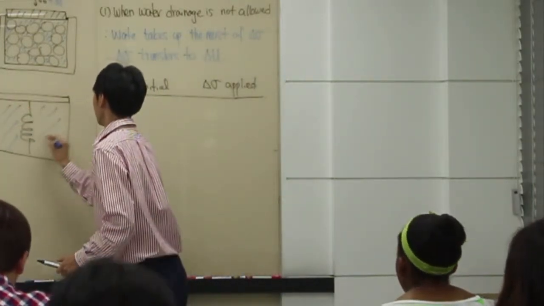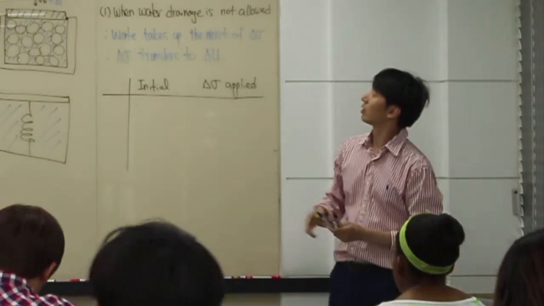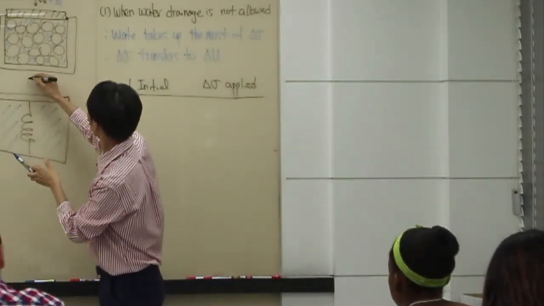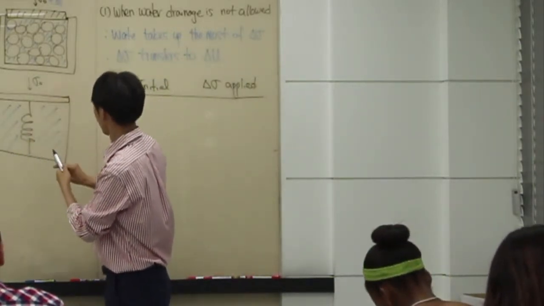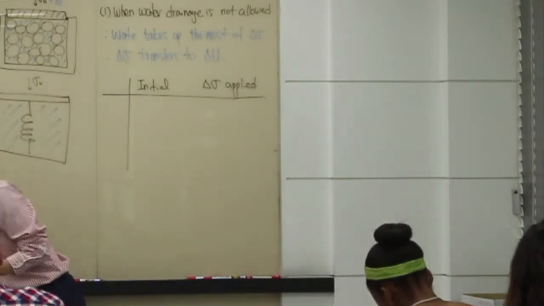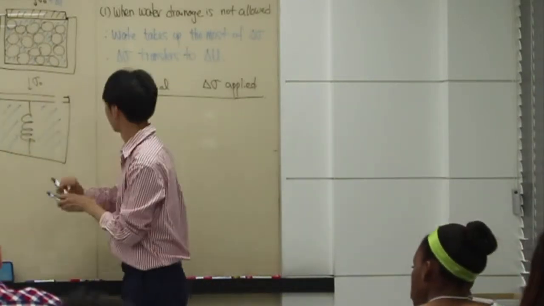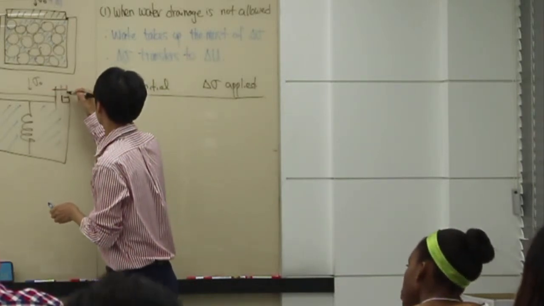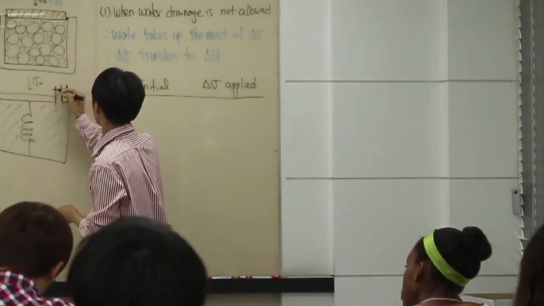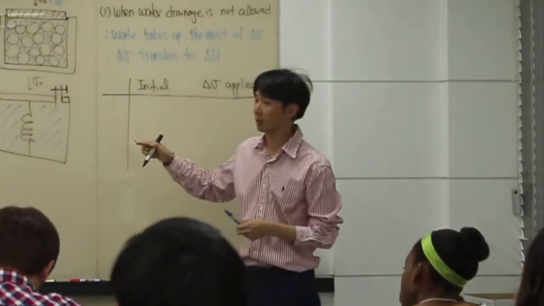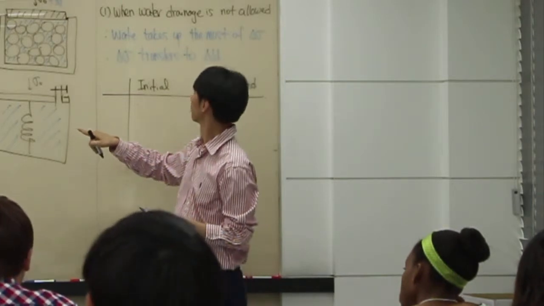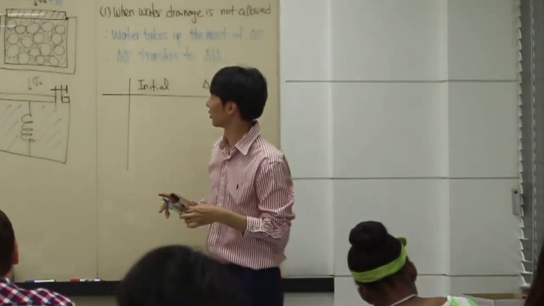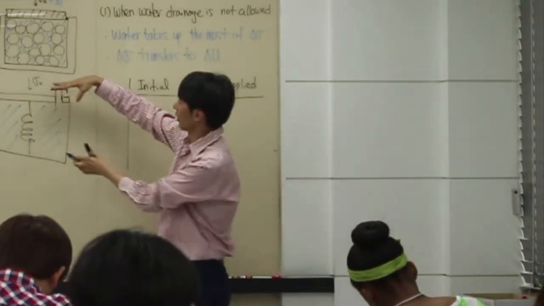To simplify, this figure is a spring analogy. In this case, we have sigma naught, and there's a hole with a valve.